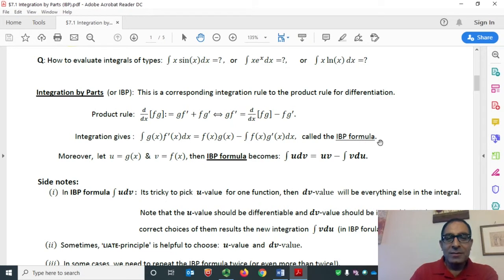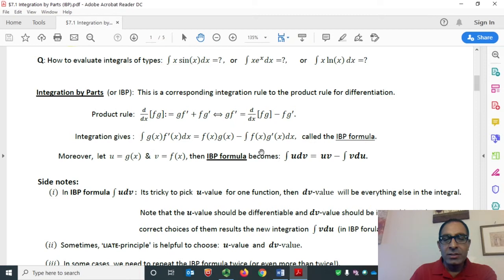More precisely, let's assume u equals g(x) and v equals f(x). Then this formula reduces to integral of u dv equals uv minus integral of v du. So it's easy to get that one from here.